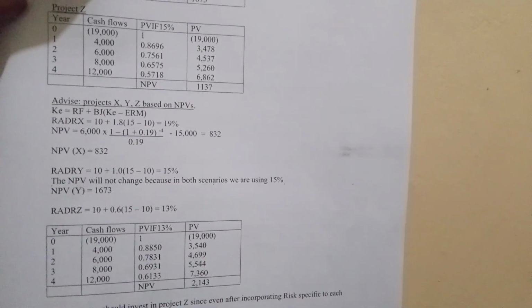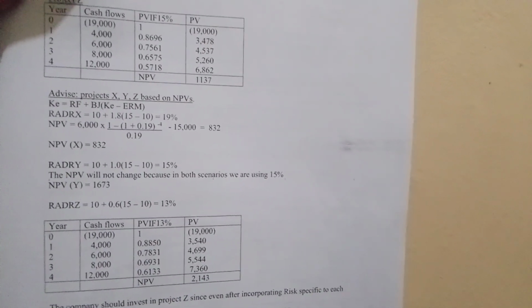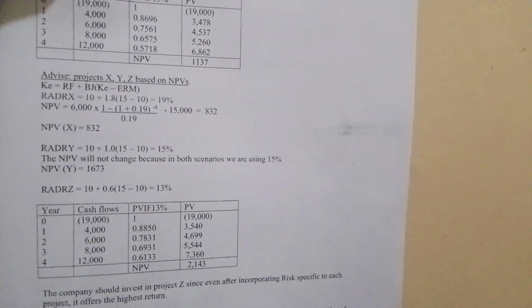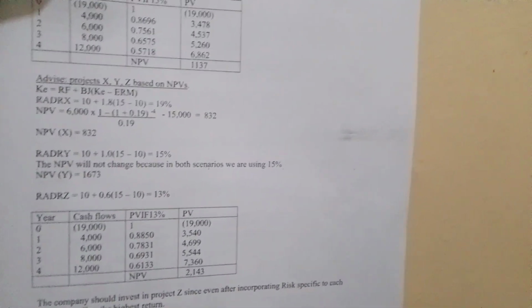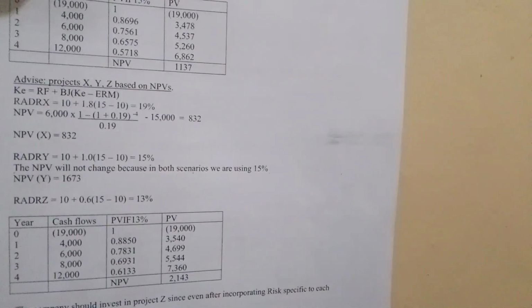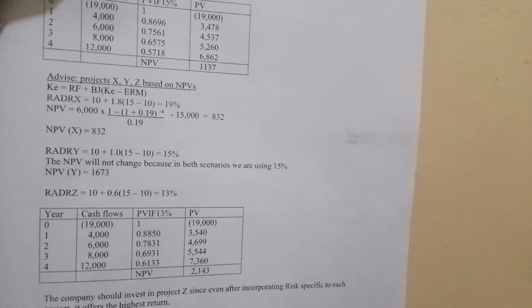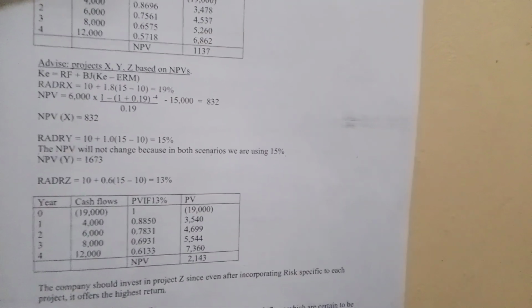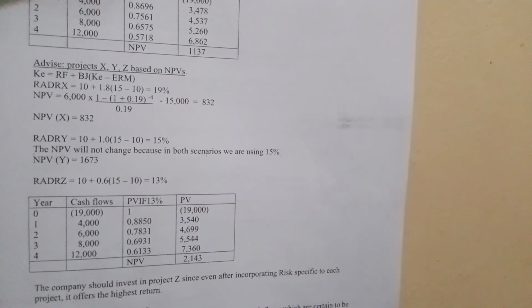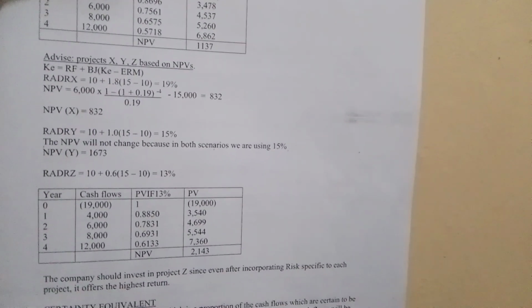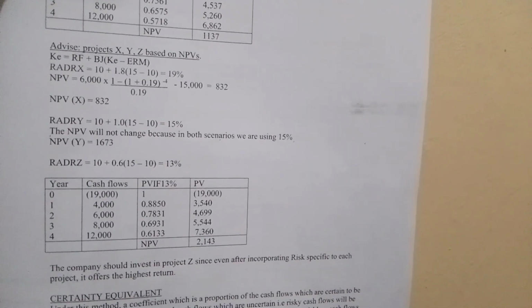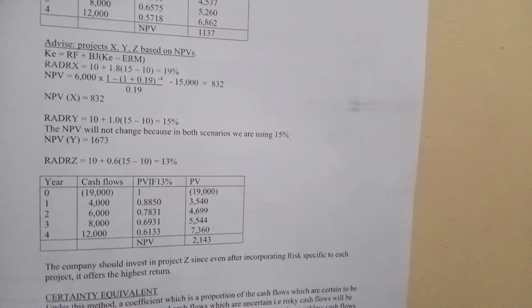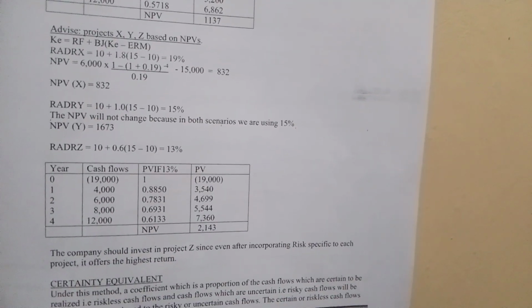So you can see what you have done here. For project X, we have used a beta factor of 1.8, which you have been given, to calculate the cost of equity. Instead of using 15%, we use 19%. If we use 19%, the net present value will be 832.